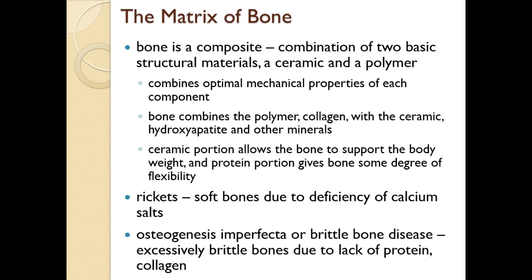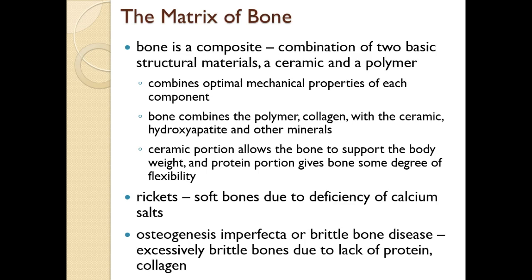Okay, so the bone combines the polymer and collagen with the ceramic component, which is the hydroxyapatite. So what does the ceramic portion do for it? The ceramic portion allows the bone to support the body's weight. And the protein portion gives bone some degree of flexibility.